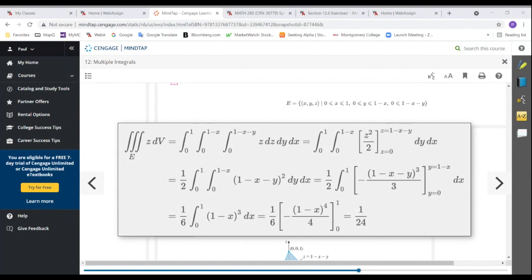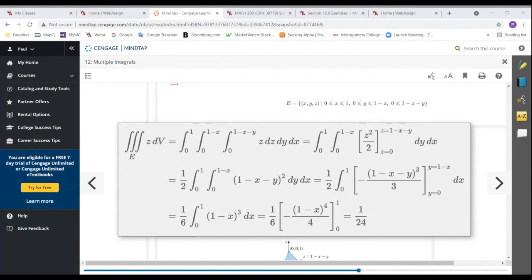And then if you project that solid region down into the xy plane, you'll get a triangle that's bounded below by y equals 0, that line, and above by the line y equals 1 minus x. And then the limits go from 0 to 1.